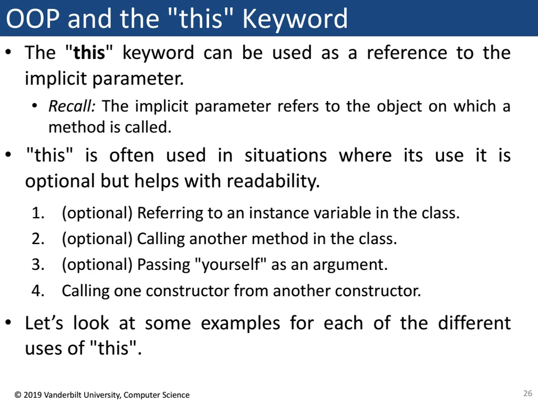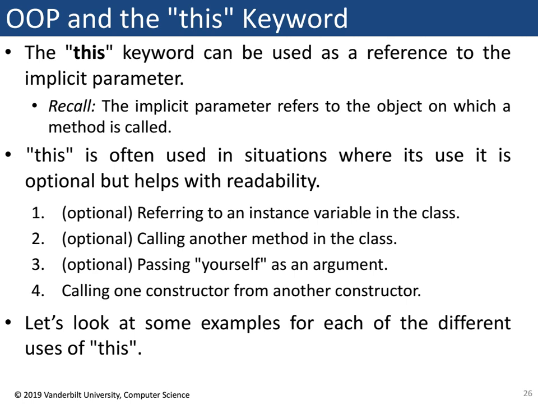Usually we would use this to increase readability. In situations where you want to refer to an instance variable, we can use the name of the instance variable in the class, or we could say this dot instance variable. And we'll look at that further in a moment.